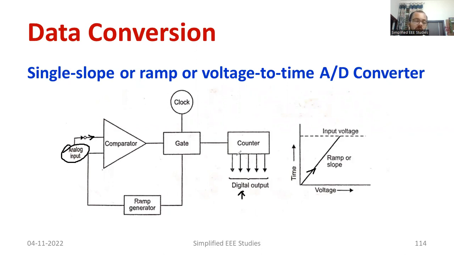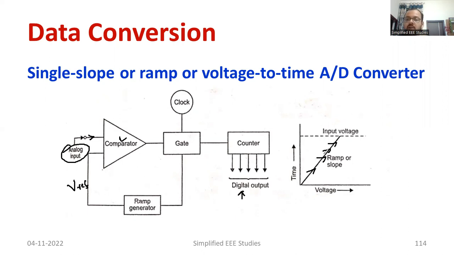Now, the output of the ramp generator is considered as the reference voltage. Using the comparator, your sensor output is compared with the output of the ramp generator continuously. Like this, it keeps on increasing.